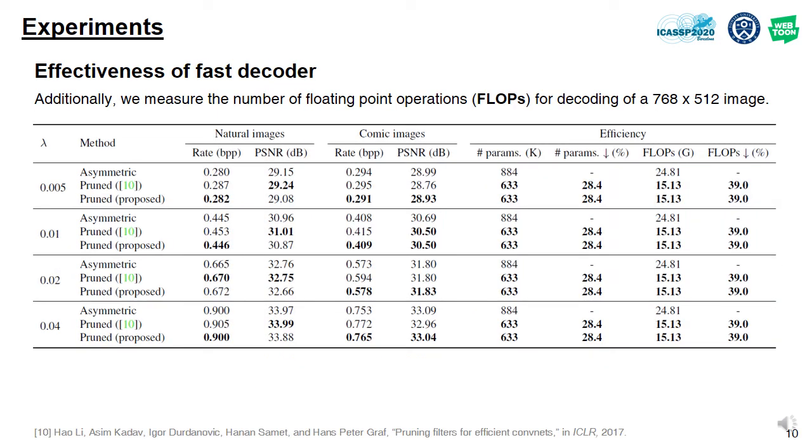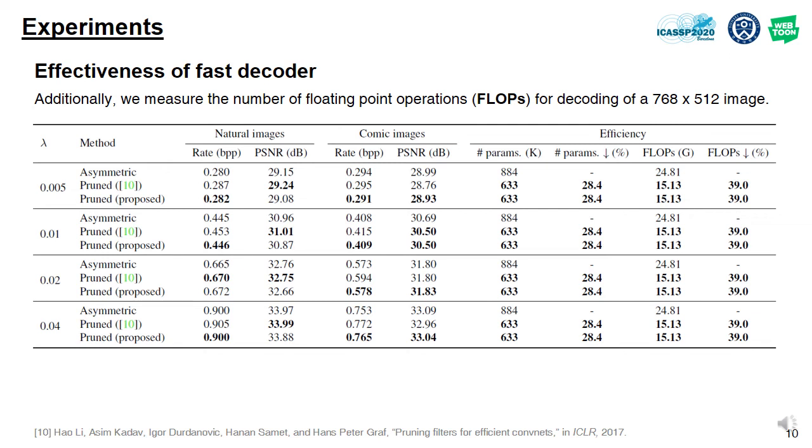To show the effectiveness of our fast decoder, we additionally measure the number of floating point operations for decoding of an image having this spatial resolution. You can see the result in this table.